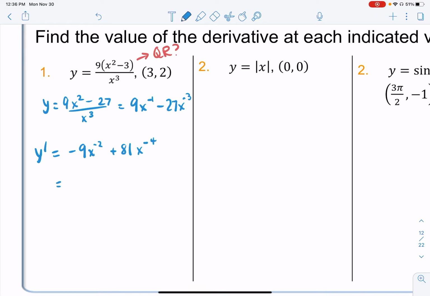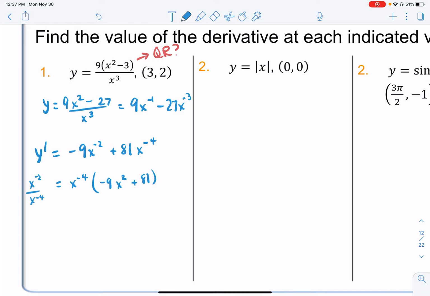So x to the negative 4, divide both of these things by x to the negative 4. So we're going to have a negative 9 x to the, let's see, I have x to the negative 2 divided by x to the negative 4. You subtract your exponents, negative 2 minus a negative 4 makes positive 2. And then plus 81, right?